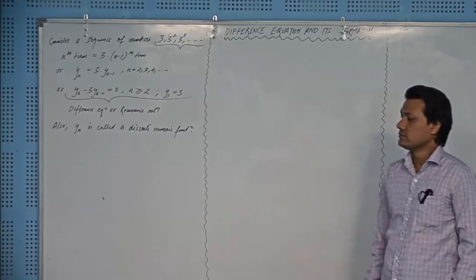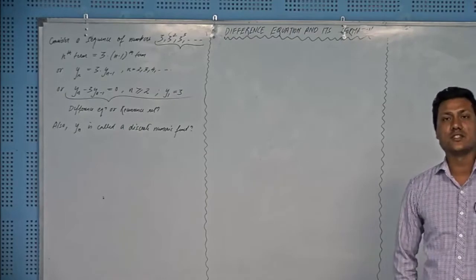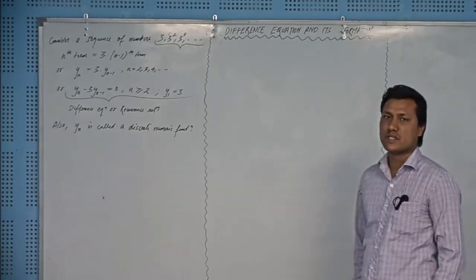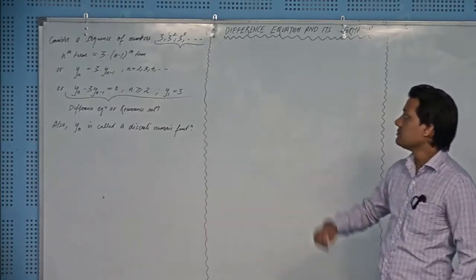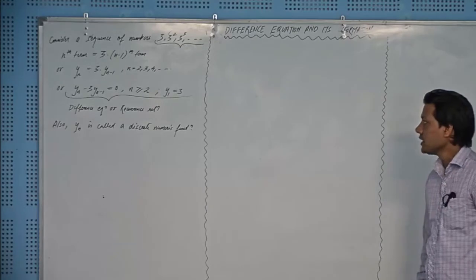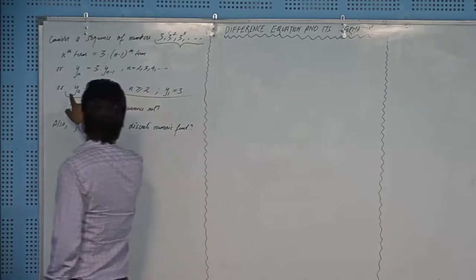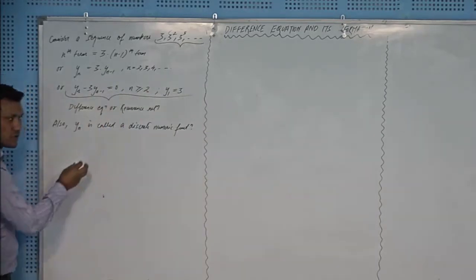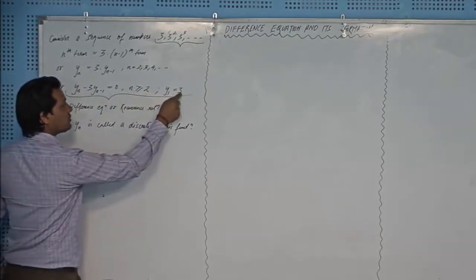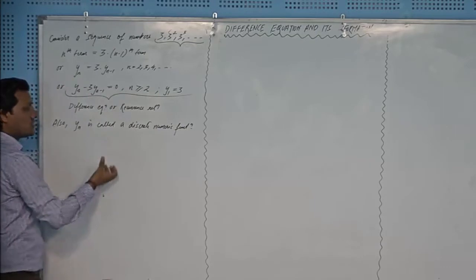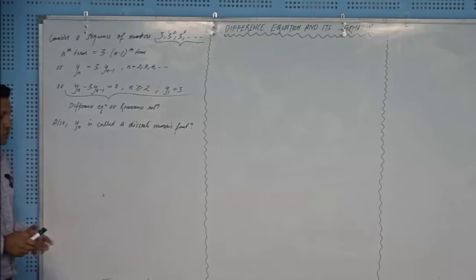And again, you recall that a differential equation is a relationship between the derivatives of y with respect to x. Similarly, here we have a difference equation, and I will try to find the solution of this difference equation. The solution can be obtained by plugging values into this difference equation, because we know y1 is equal to 3, then putting n equal to 2, 3 and so on will give its terms, and after finding 3 or 4 terms, I will try to generalize to write its nth term.